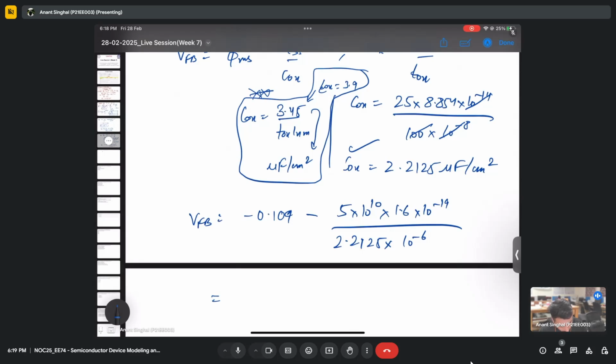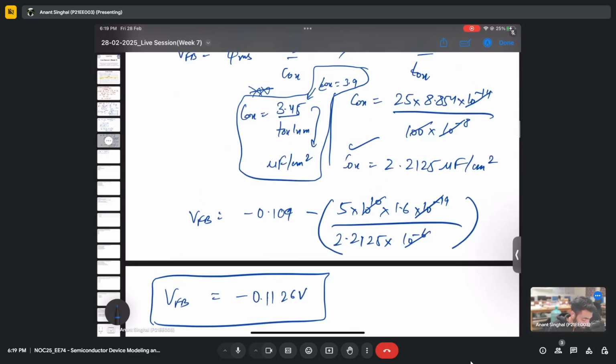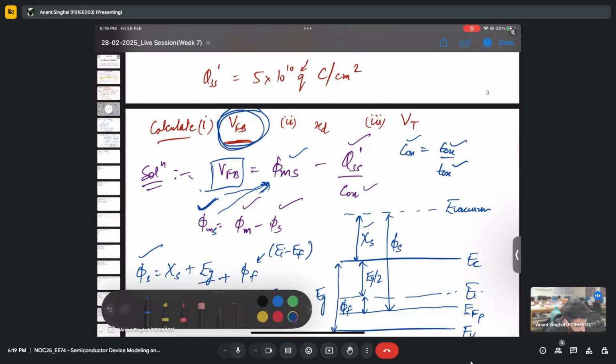To solve this term, it is minus 9 minus 3. The whole solution will come out to be 0.1126 volts. This is the V_FB. So we have covered the first part of the problem, that is the calculation of V_FB.